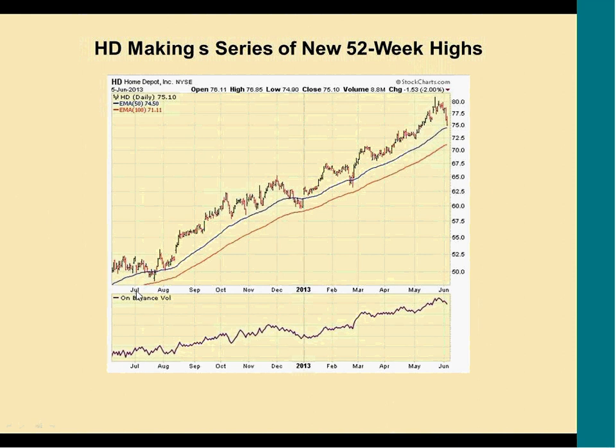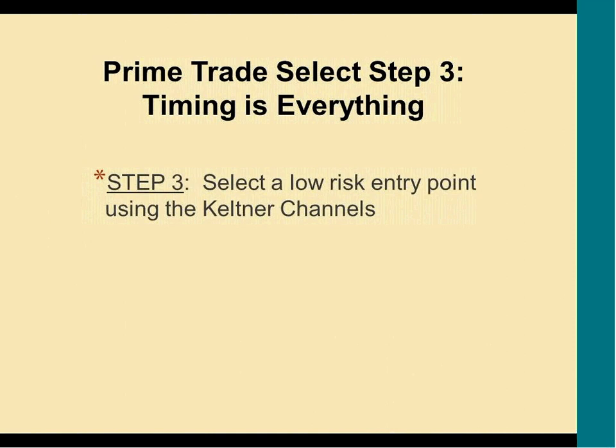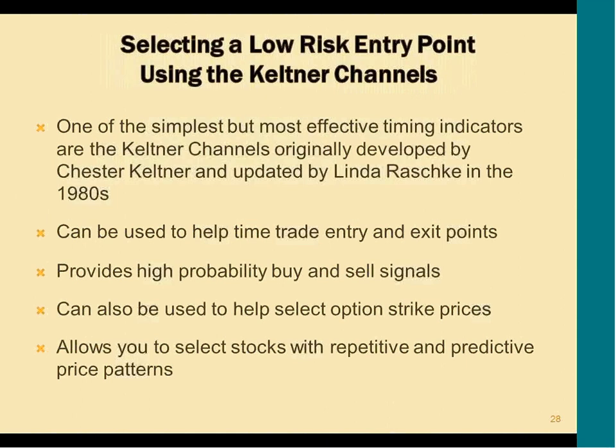This is the price chart for Home Depot. The vertical lines here are the daily price movement of Home Depot stock, and I have the three Keltner channels overlaid on the daily price movement. We see the upper channel is this blue line here.